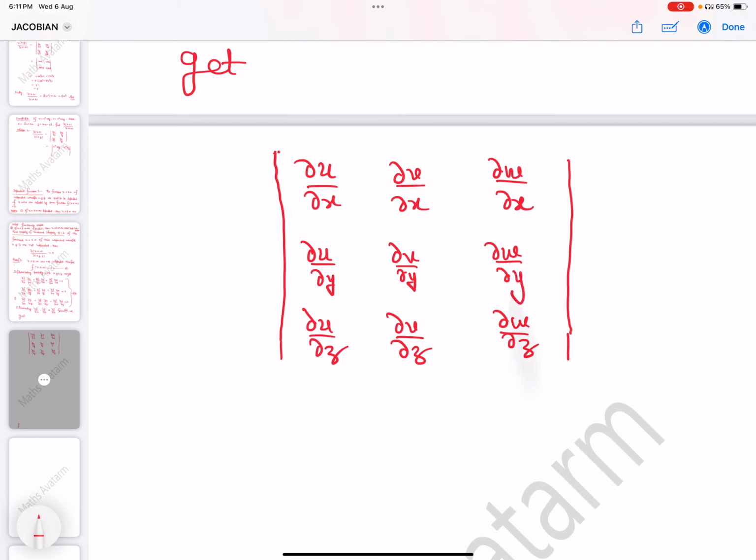That is going to be 0 because we have eliminated del f upon del u, del f upon del v, and del f upon del w.